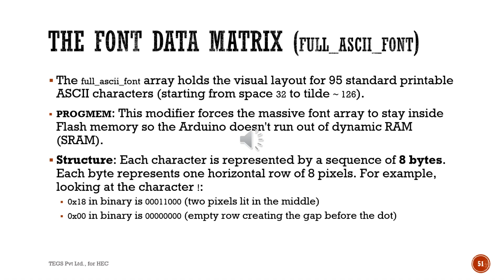Hex 18 is the binary for 0001 1000, 2 pixels lit in the middle. Hex 0 is the binary for 0000 0000. The empty row creates a gap before the dot.